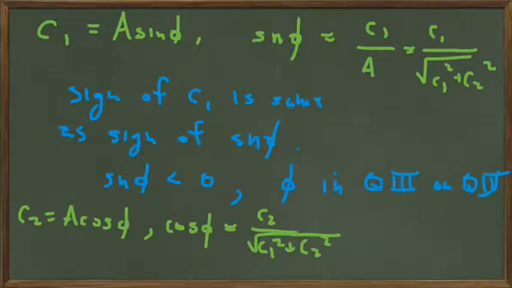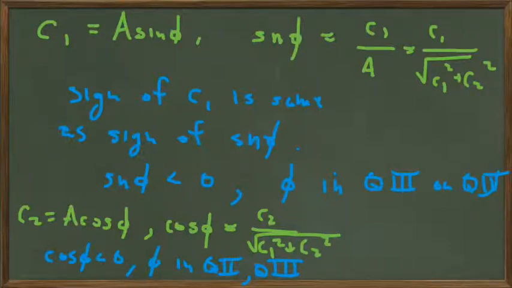We make the same note for C2: when cosine of phi is less than 0, then the angle phi would be in quadrant 2 or quadrant 3.